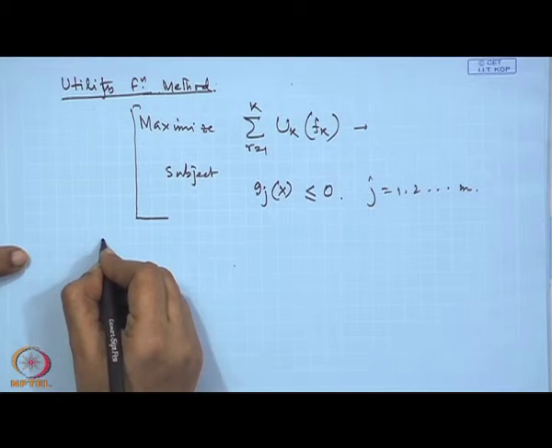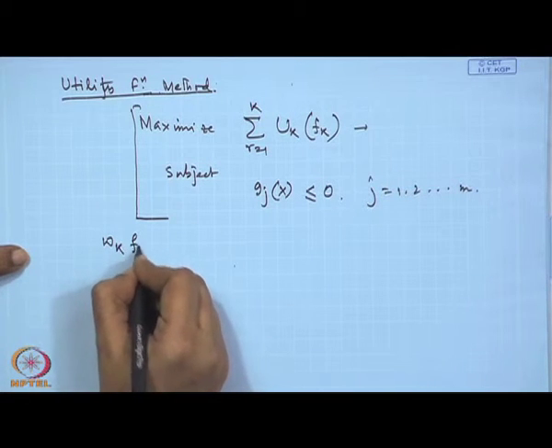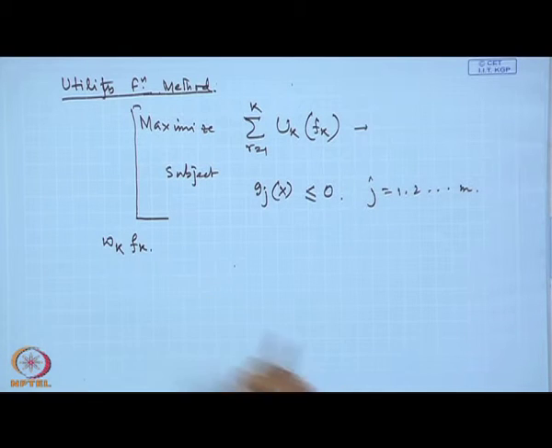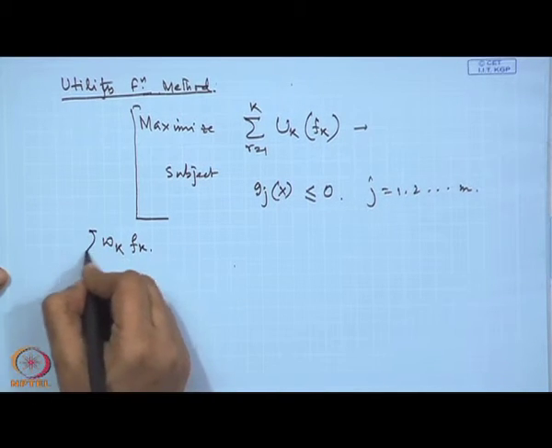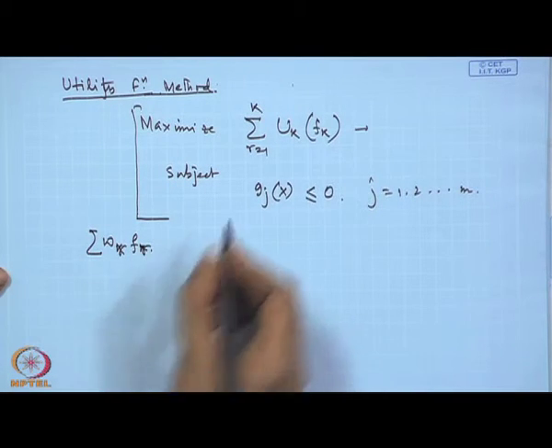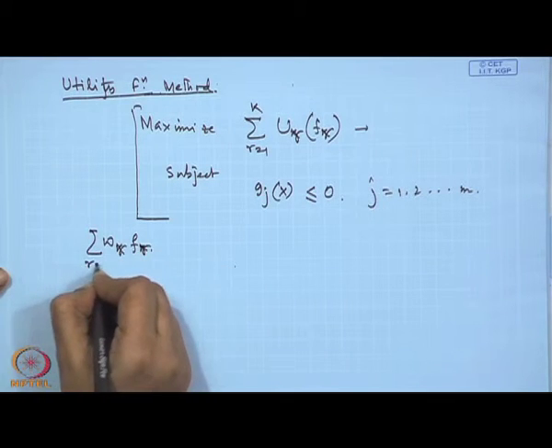There is a certain variation of this utility function as well. If we consider weights for each objective function instead of utility, weight is again the same thing: the importance of one objective function with respect to the other objective functions. Take the sum of all, with R from 1 to k.